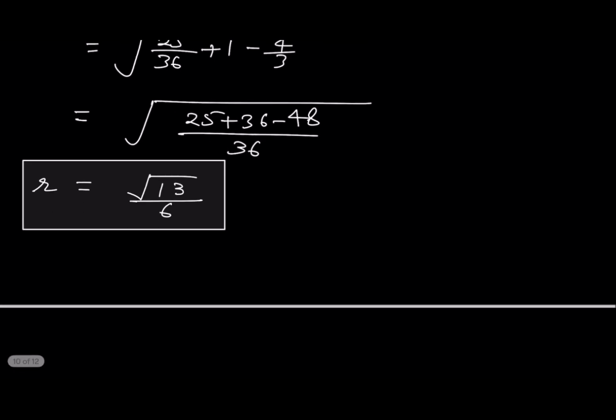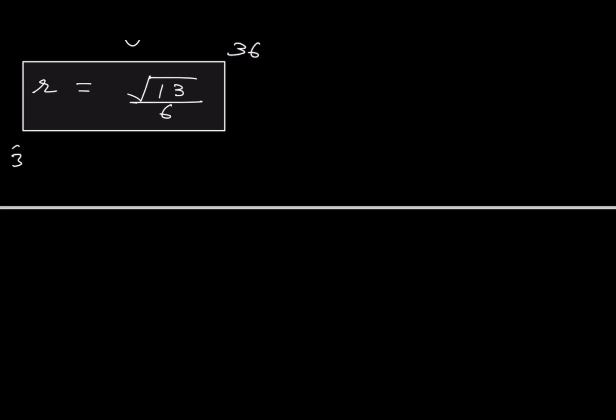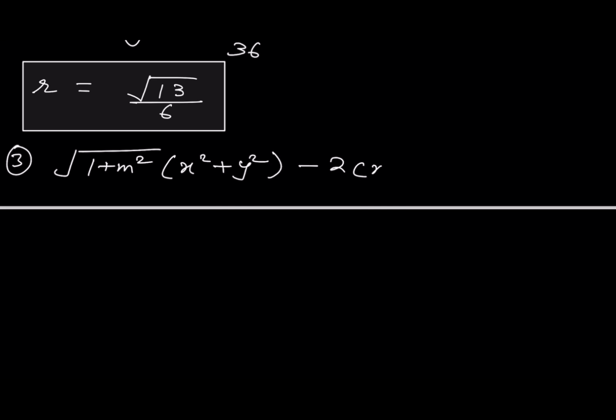Now let us come to third part. Third part is root over 1 plus m square times x square plus y square minus 2cx minus 2mcy is equal to 0. So again I will divide by root over 1 plus m square so that coefficient of x square and y square will become 1.